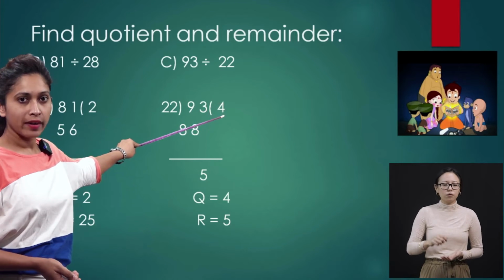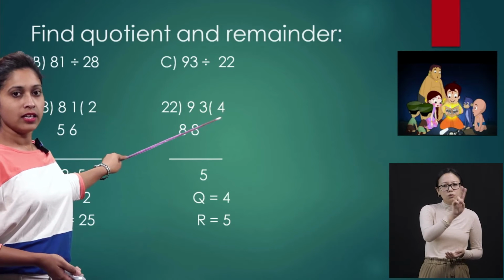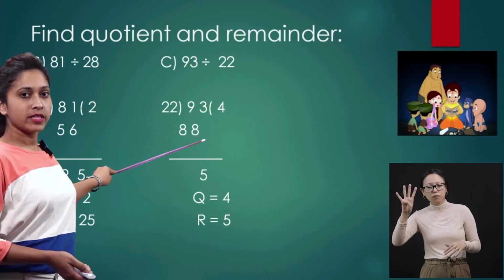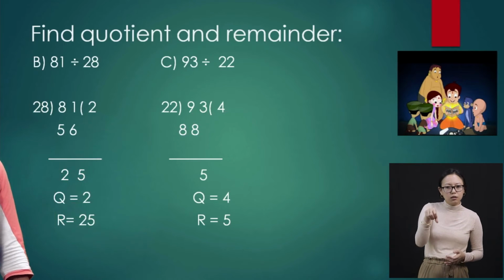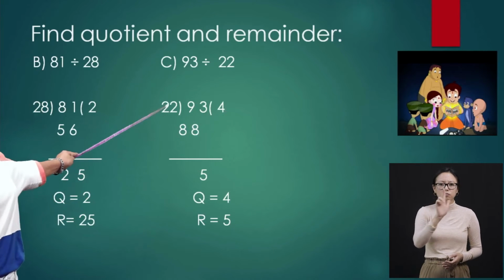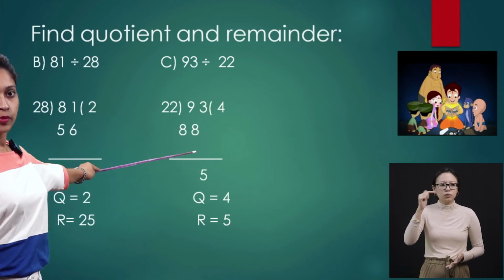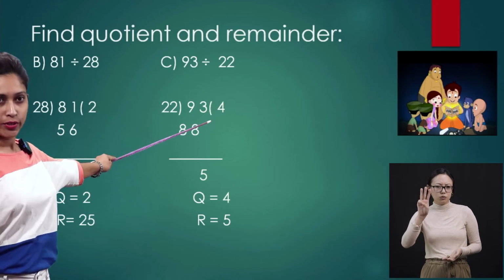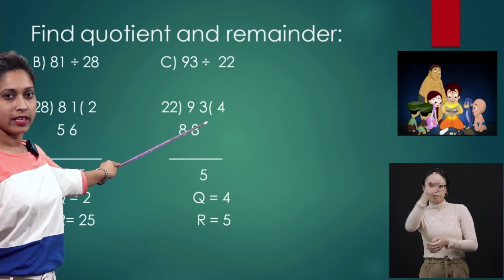If you put here 5 times, it will become larger than 93, right? So that is why 4 times 22 is 88 here, and then when you subtract now, how much you'll get, children? This is 3. So 3 is a small number compared to 8, right? So what you need to do, you need to take borrow again from 9, and it will become 13.